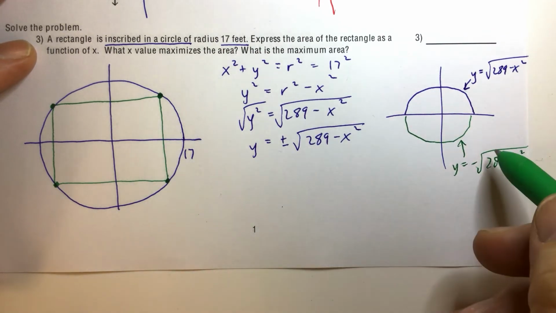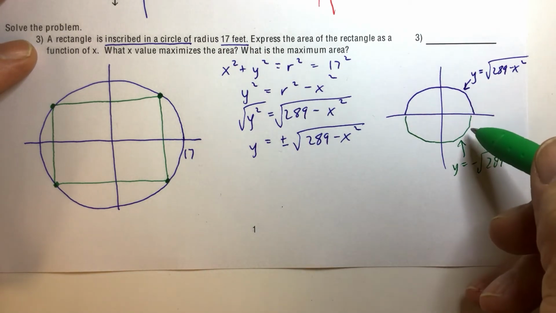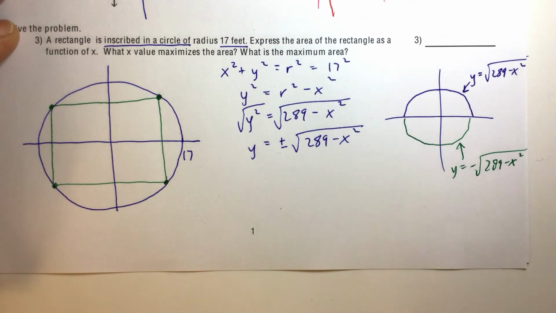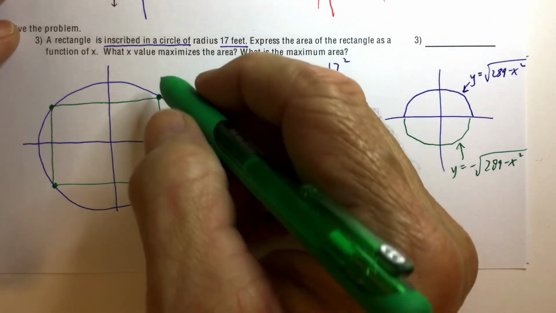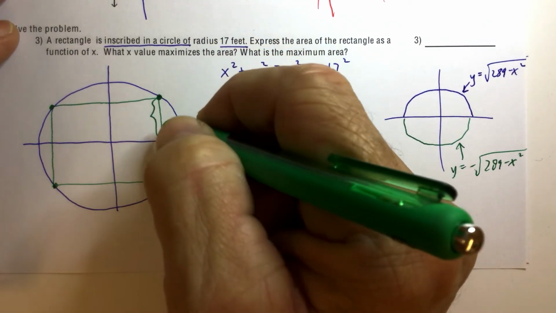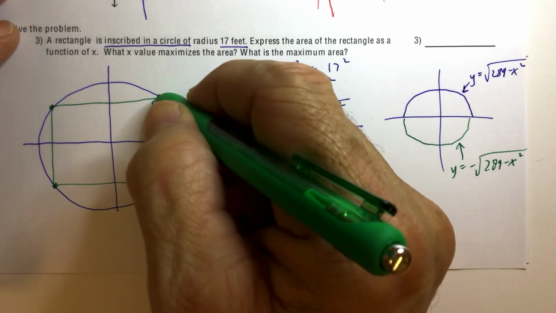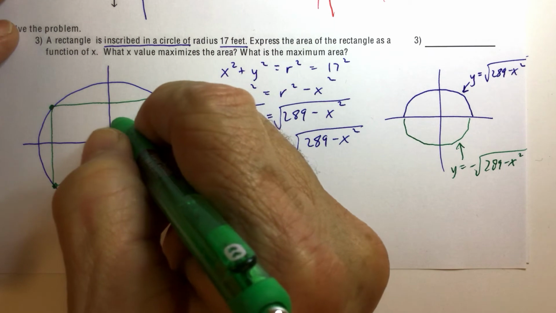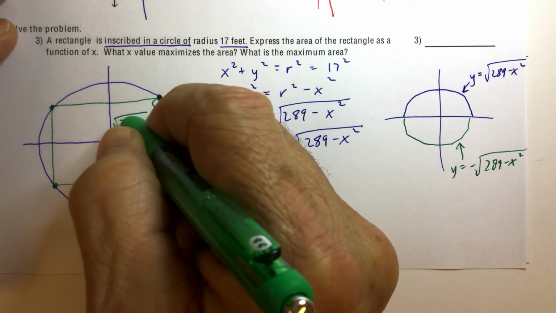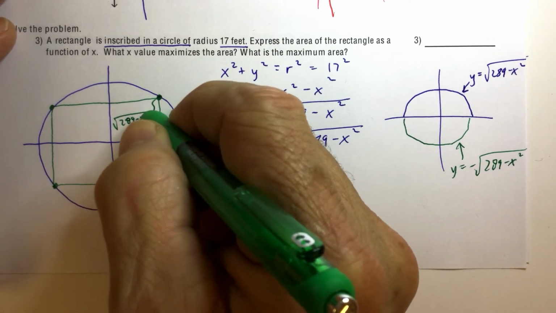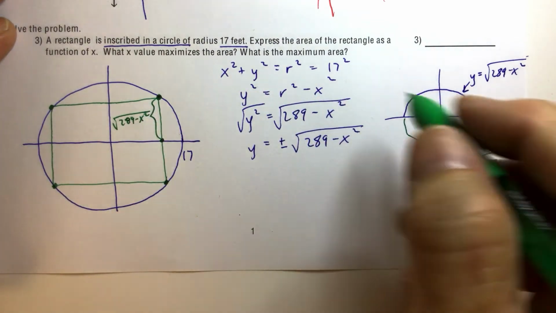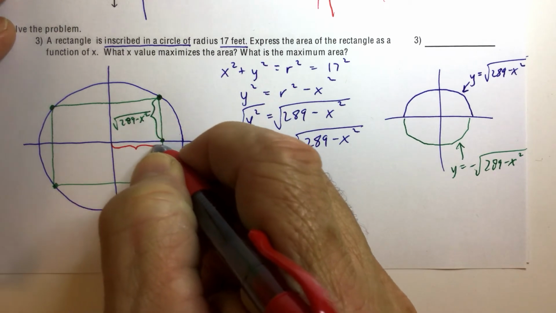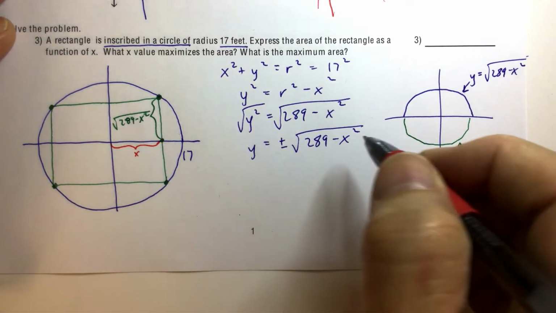When we put the top half together with the bottom half, we create a full circle, and we can also discuss the distance between the x-axis and the top right corner of this rectangle in terms of x. That distance would be radical 289 minus x squared. That's a key number, and the other key number is this guy right here, and that's just x.